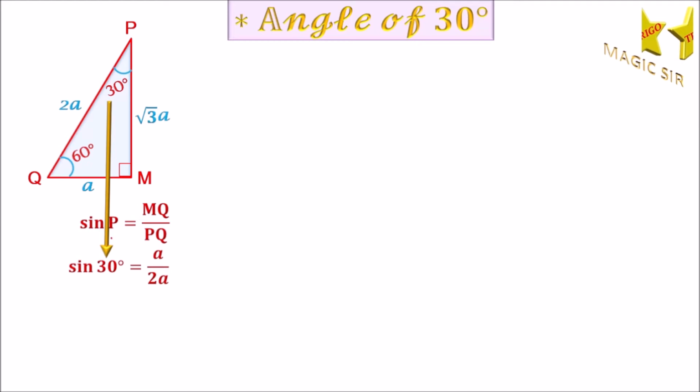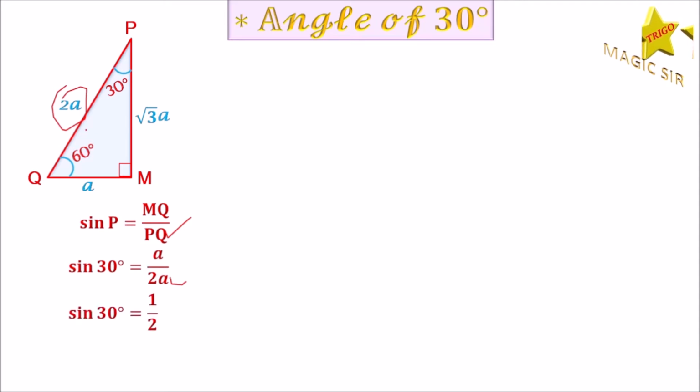Side opposite to angle P is MQ and MQ is equal to A. So we put MQ equal to A and PQ is equal to twice A. See in the figure, PQ is equal to twice A. So we have sin 30 degree is equal to A upon twice A. By simplifying, we get sin 30 is equal to 1 upon 2.